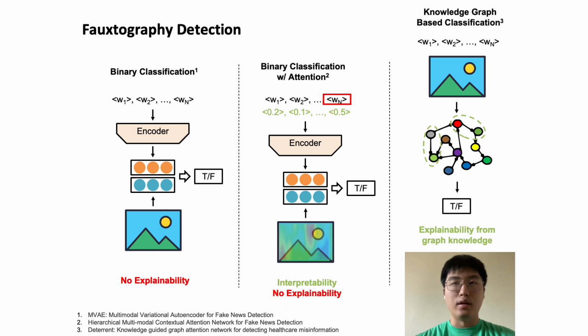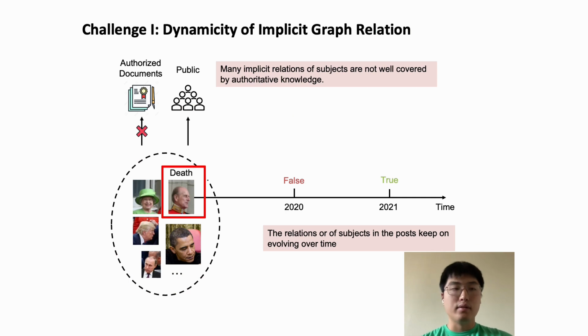A model can retrieve the relevant knowledge from this graph and use this knowledge to infer if this post is true or not. After inference, the retrieved knowledge facts can be the explanations. We can say the knowledge graph can really help the model explain why a post is true or not. So we also want to have such a knowledge graph to detect the human-centric Fauxtography post.